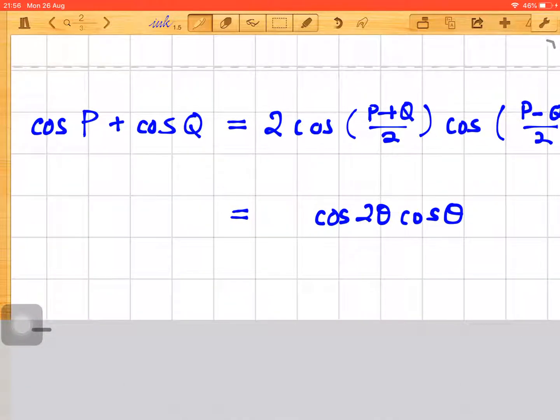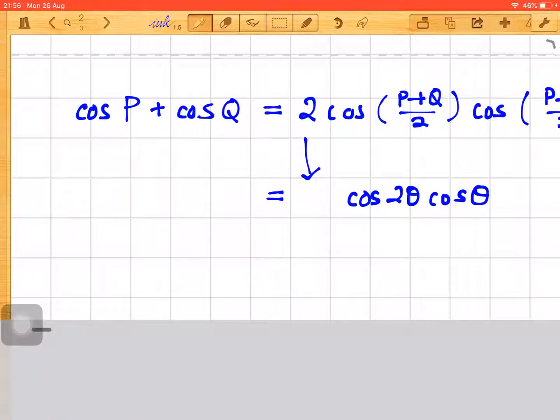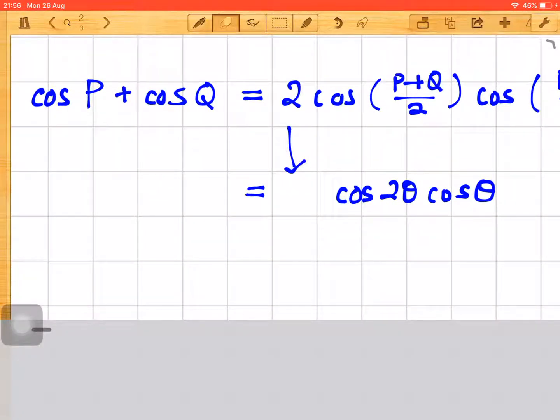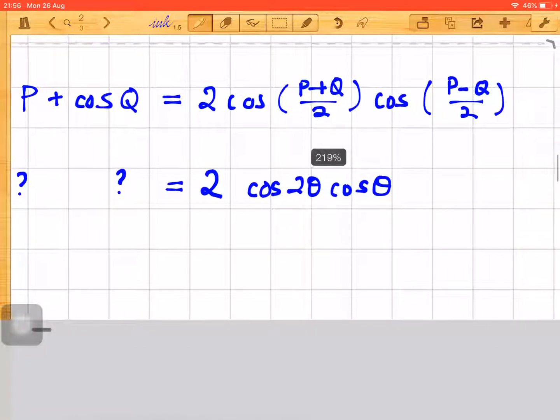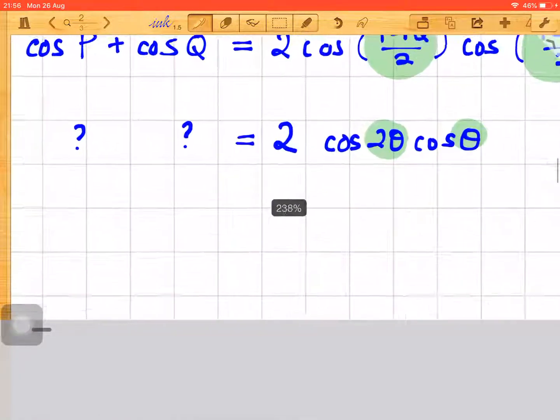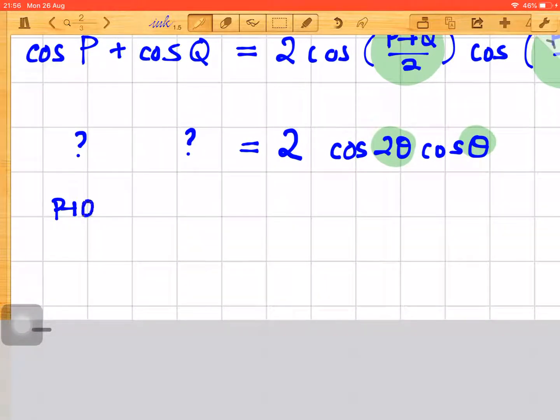As you can observe, the 2 is no longer here, which means it's actually moved to the front. Of course, if you want to keep the 2, it's okay. You can just write the 2 here. Your question right now, what is P and what is Q? Compare again like just now, this and this. So you do it again. (P plus Q) over 2 is equal to 2 theta. P plus Q is 4 theta, equation 1.